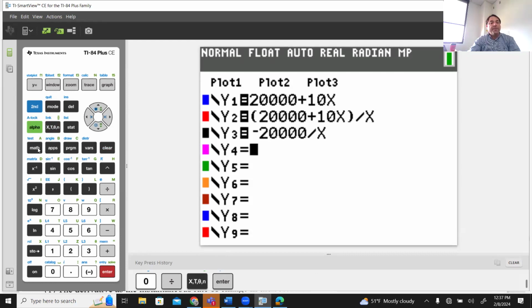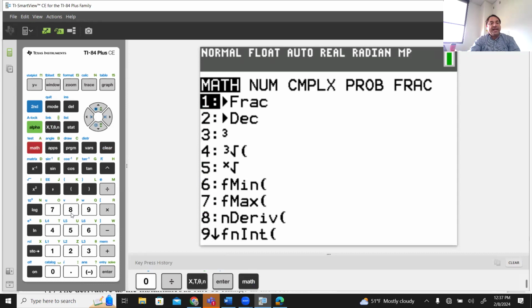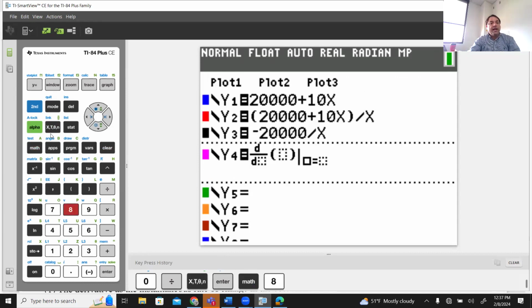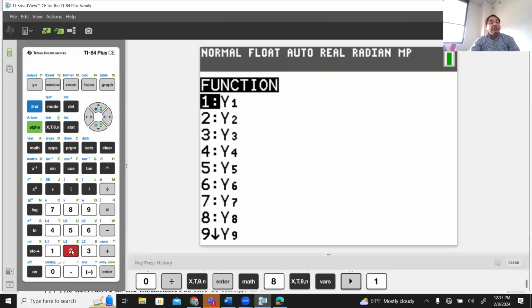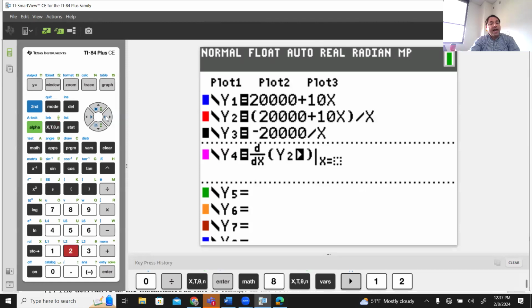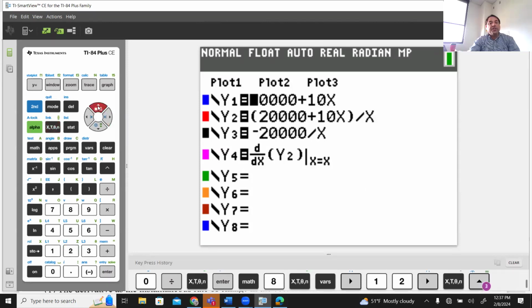Y2. So I'm going to do math 8, X vars, y vars, function, y2, X. So let me be very clear. Y1 is cost. Y2 is average cost. Y3 is the derivative. Oops, X squared, right?